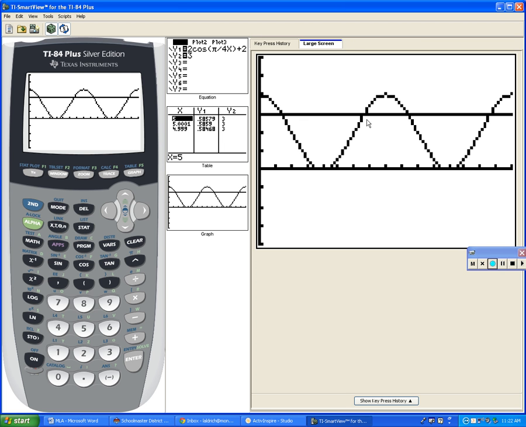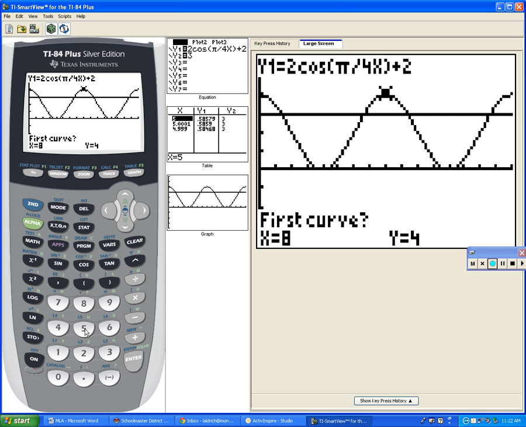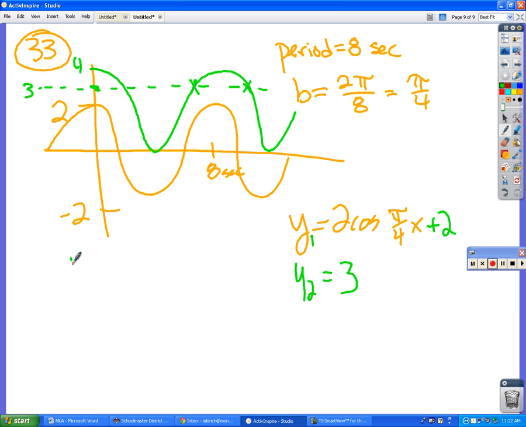So I'm going to find the first intersection point by going second calc 5. Enter, enter, and then I want this one, so I'm going to scoot over to there. So it's first going to come into play after 6 and 2/3. So it'll first be in reach at 6 and 2/3 of a second.